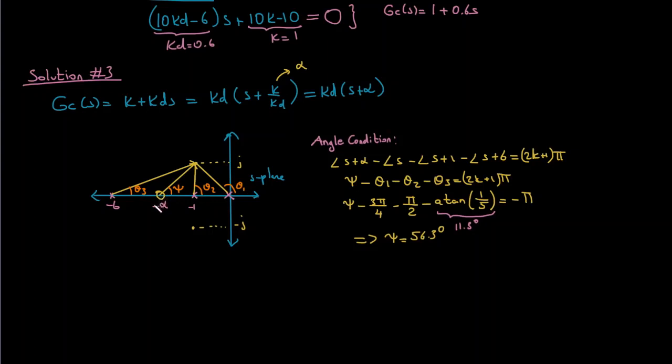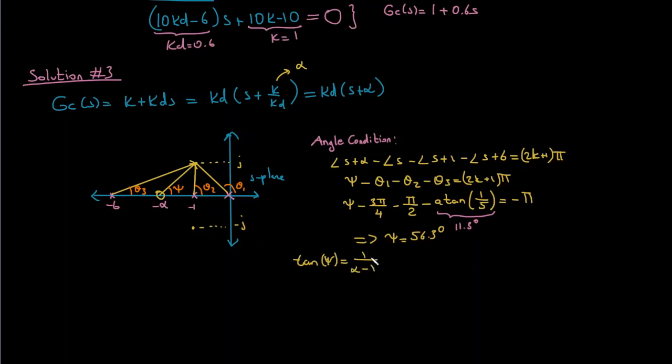And by the way, from the tangent of that angle, you can find alpha, right? Because as you see over here, the tangent of psi is equal to 1 over alpha minus 1. So I write it over here. The tangent of psi is equal to 1 over alpha minus 1.